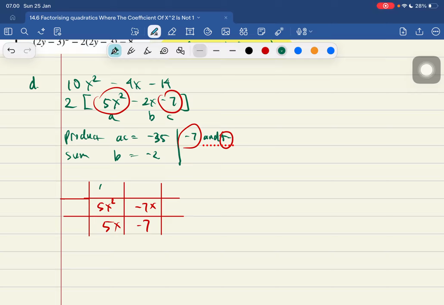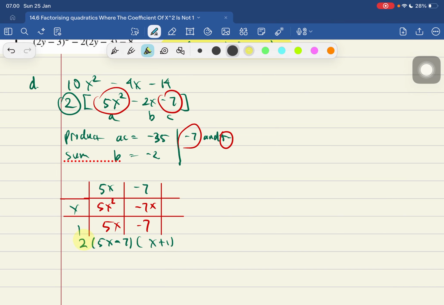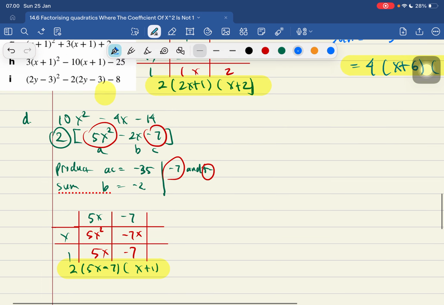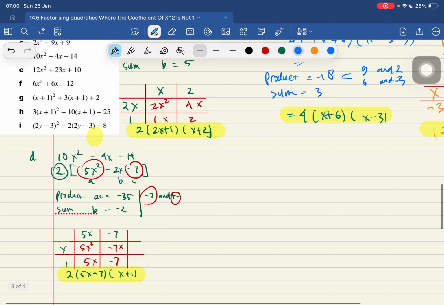So here is 5x and then minus 7. Here is only x and 1. So the factorized form is going to be 5x minus 7, and here x plus 1. But we got here 4, 2, so we'll multiply it by 2 in front of it. Okay, D.